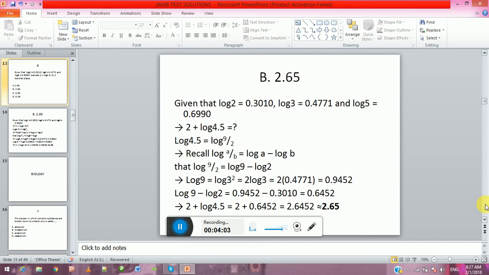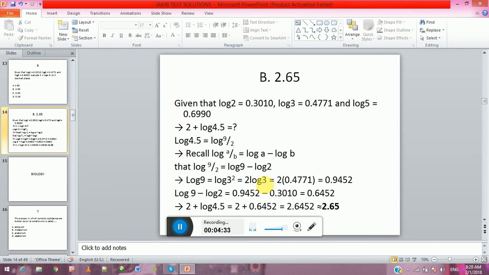So we can simply say that 2 times 0.4771, which is log 3, gives us log 9 to be 0.9452. So log 9 minus log 2 will now be 0.9452 minus 0.3010 to give us 0.645. So 2 plus log 4.5 will now be 2 plus 0.645 to give us 2.645, which is approximately 2.64.